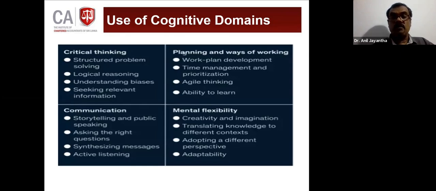Planning and ways of working. Work plan development. In this case, pertaining to pre-seen and unseen, you have to develop a kind of work plan, because this common pre-seen is given pertaining to 4 specific subject areas. Then the plan should be accordingly. We must be able to later be discussing these things.